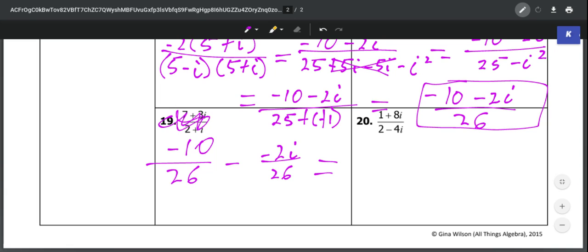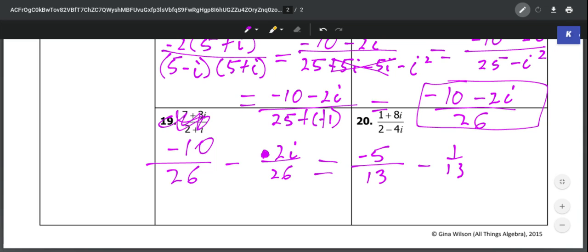Negative 10 over 26 will reduce down to negative 5 over 13, minus, and 2i over 26 would simplify down to 1 over 13, i.